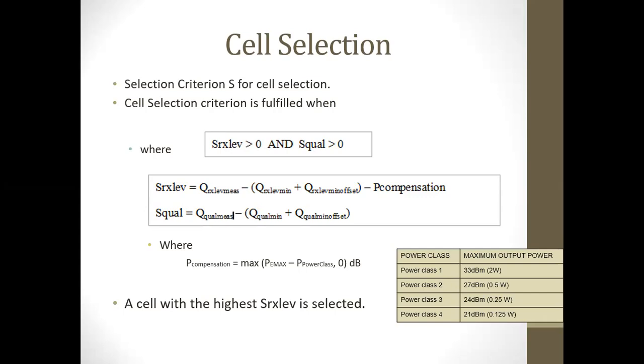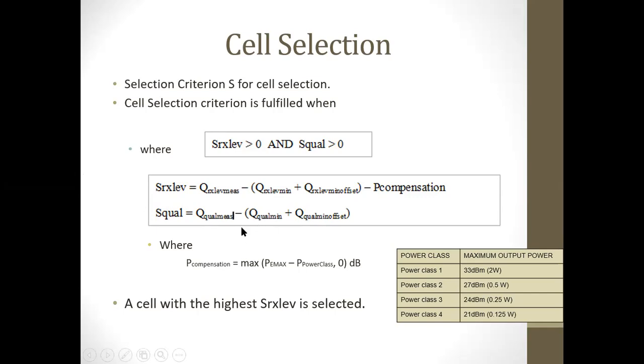But this was in Release 8. Release 9 added that you also check the CINR condition. For CINR, the minimum threshold is also given. These are given in SIB type 1: Qrxlevmin, and Qqualmin. Qqualmin is for CINR.